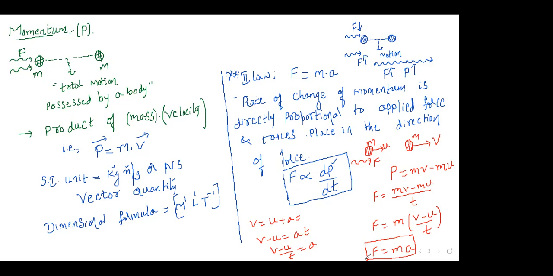That is nothing but the force F. So take out m common, you will get v minus u by t. From the equation of motion, you can prove that v minus u by t equals a. Therefore, force is equal to mass into acceleration. So this is how we are going to derive the equation of Newton's second law.